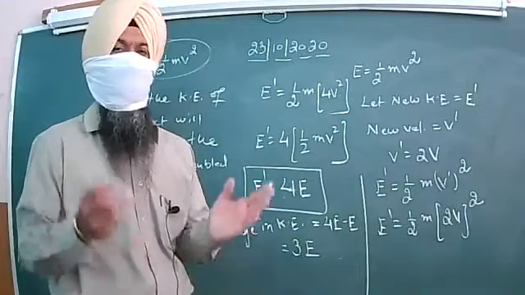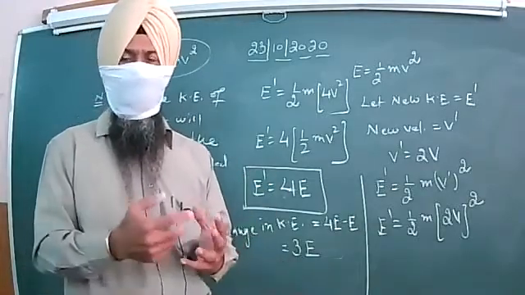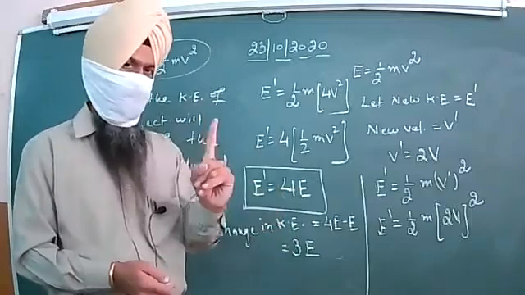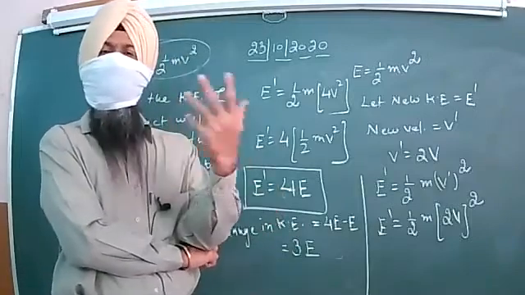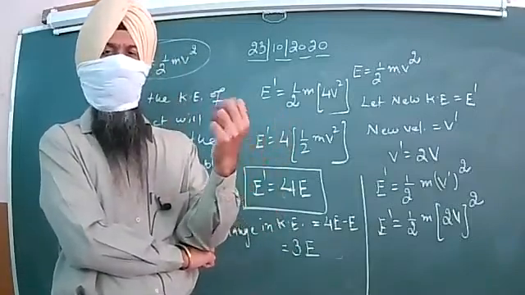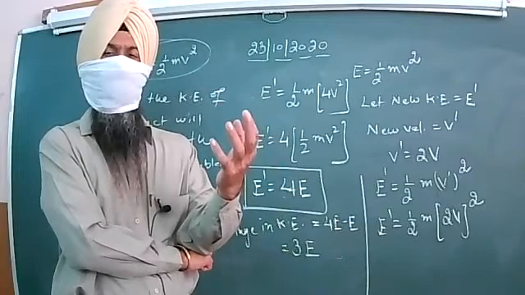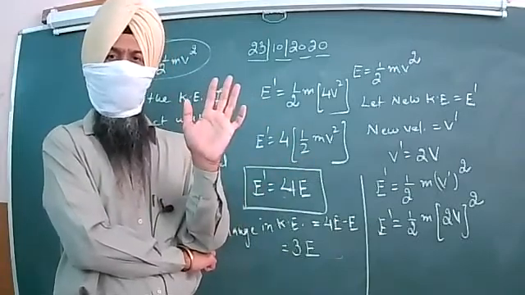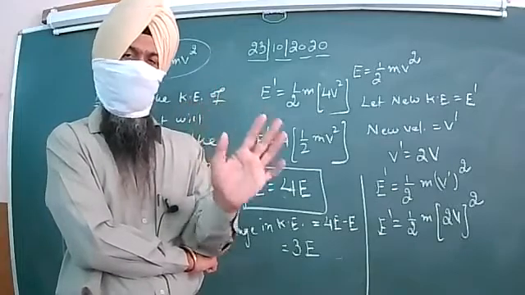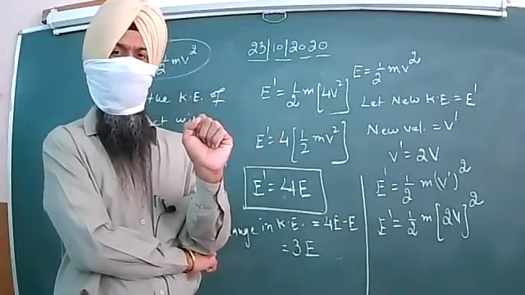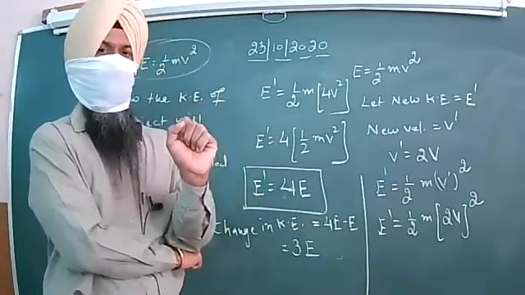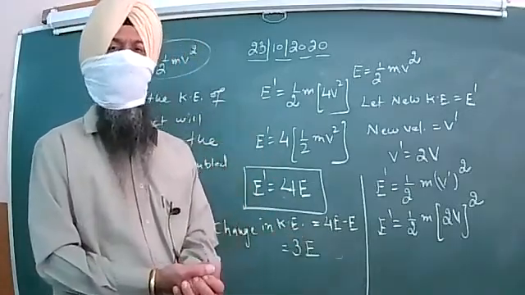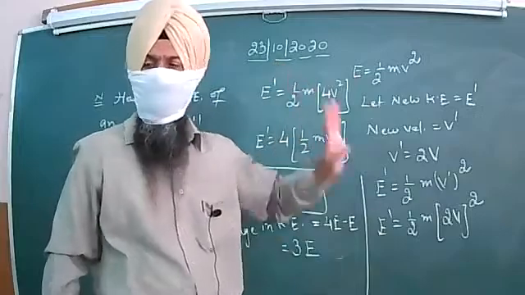So dear children, once again I am briefly repeating the things. The very first point was regarding our kinetic energy. We developed the expression for the kinetic energy, that was equal to half mv square. Furthermore, we can relate the kinetic energy with the momentum, which we related as such.